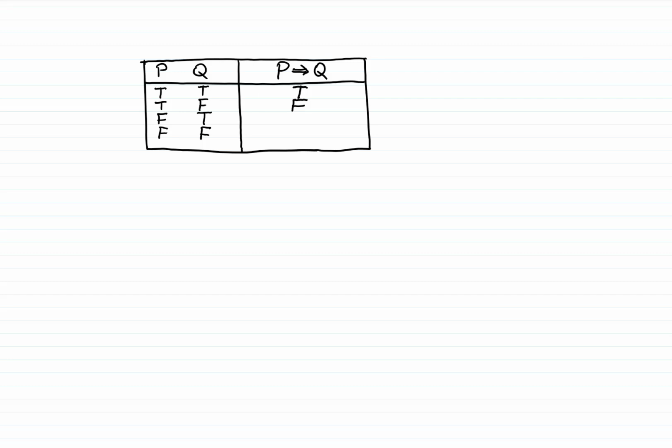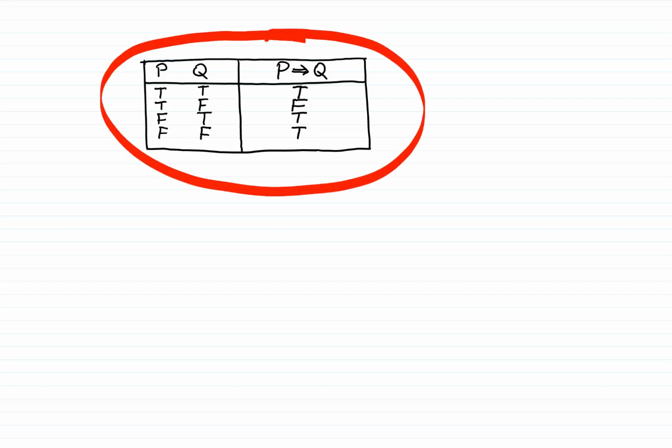And if P is false, then the implication is true. It doesn't matter whether Q is true or false. You're going to need to have this truth table memorized. Okay? It's easy to memorize, very easy, because look at it. What's the only thing you need to know?